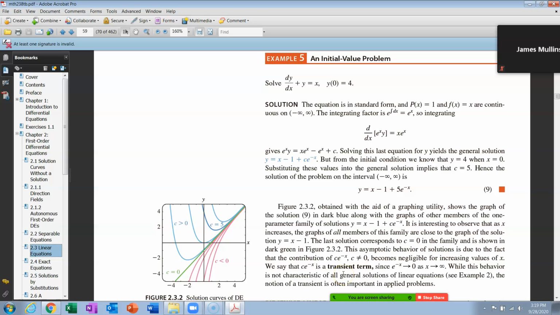Now, what they call this is asymptotic behavior. As x gets larger and larger and larger, it approaches as a slant asymptote the line y is equal to x minus 1.